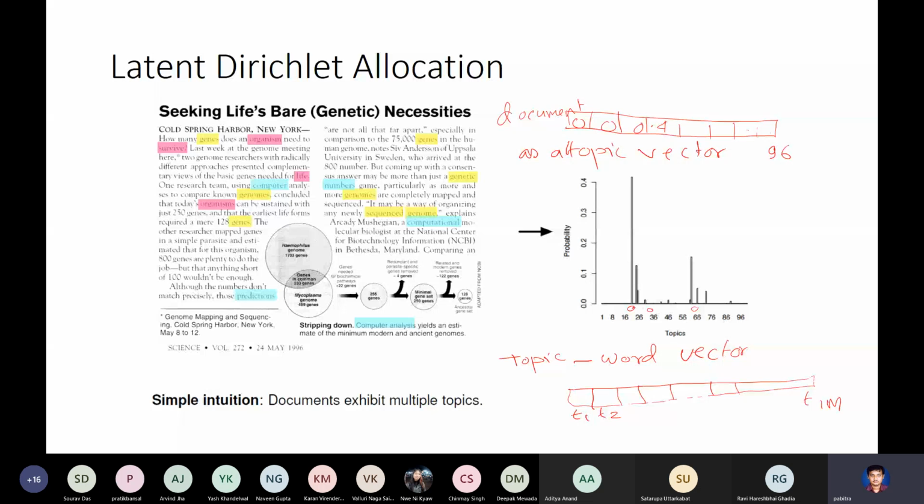The words which are not at all associated with the topic have 0 probabilities, and the words which are associated have their corresponding probabilities, say 0.1, 0.4, and so on. So this is a topic vector.